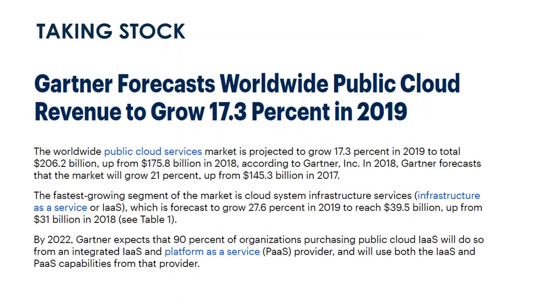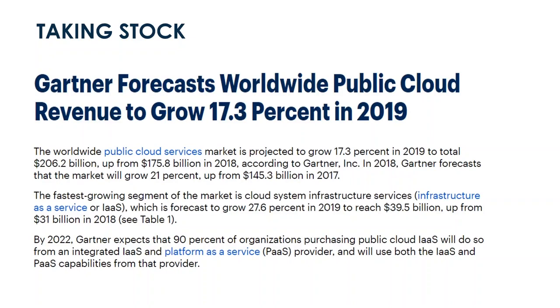Moving on. In terms of stock taking, where we are at the moment, what does Gartner have to say? Gartner looks at the cloud environment and where the cloud market is going, especially the public cloud services. They see massive growth between 2018 and 2019, a projected growth of 17.3%, up to $206 billion from $176 billion in 2018.